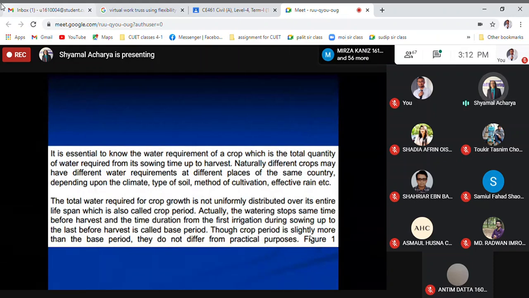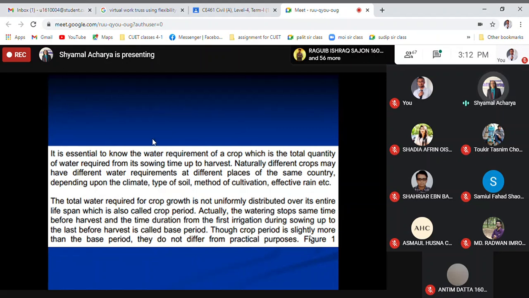It is essential to know the water requirement of a crop, which is the total quantity of water required from its sowing time up to harvest. Water requirement is not the same all the time throughout the lifetime of any crop.